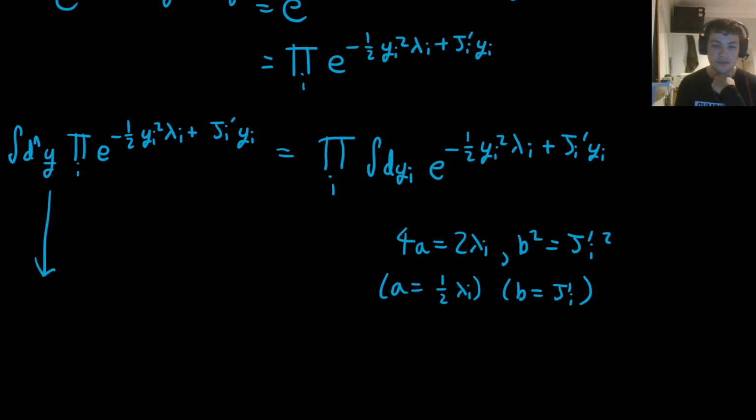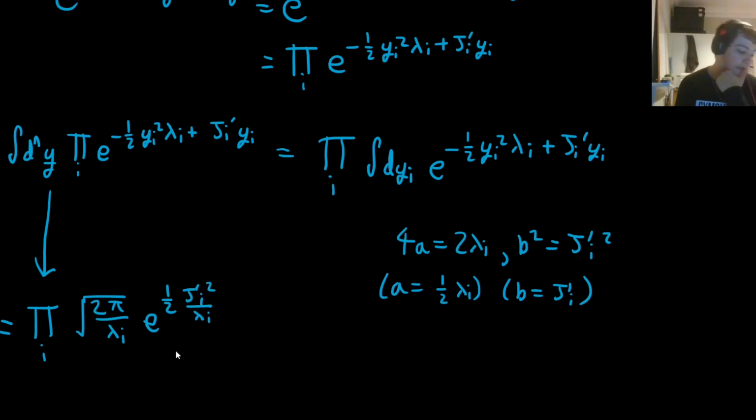So then this is going to be the product over all the i's of the square root of 2 pi over lambda i, e to the half j primed i squared over lambda i.